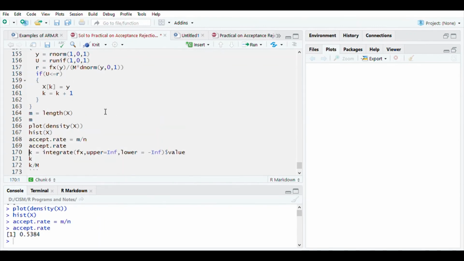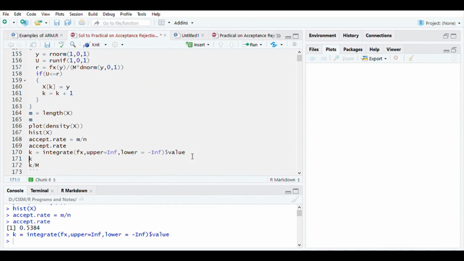Now note that because K was used as a running variable earlier here, the earlier value of K, which was nothing but the integration of the target PDF, has been overwritten. So I am computing it again. What would have happened if we had computed M after adjusting F? That means, what if we use the proper version of Fx instead of the improper version of Fx?